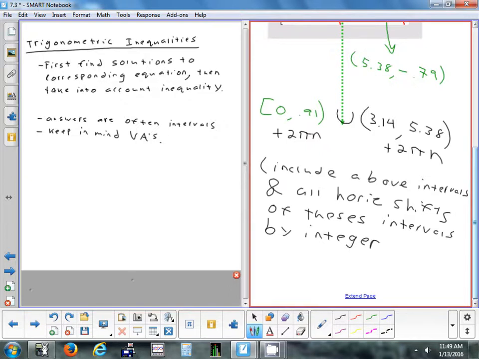Integer multiples. That's how the book wrote it. So the above intervals and all horizontal shifts of those intervals by integer multiples of 2 pi. I'm fine if you just put the plus 2 pi in. That's fine. Okay, any question on that one?